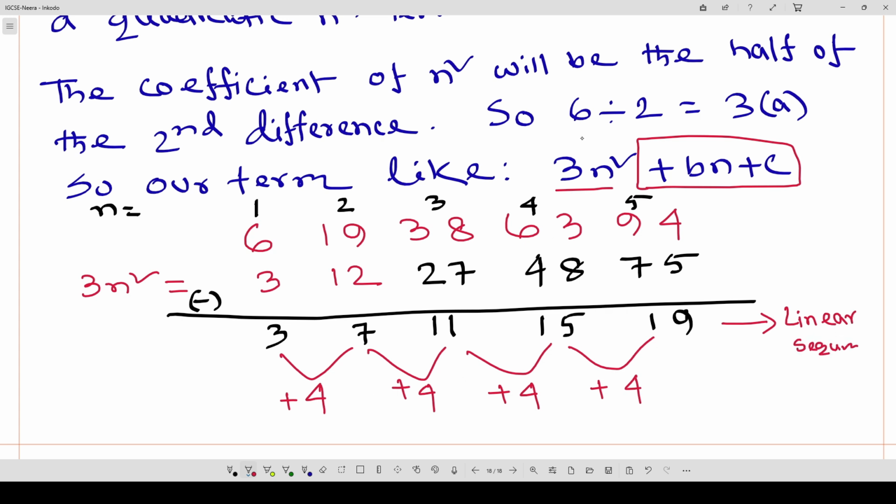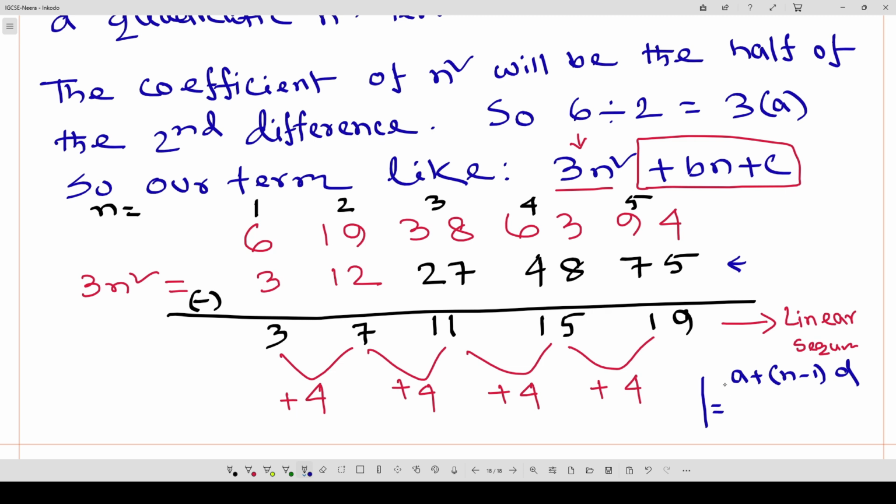We already have 3n squared. Now we have to find out bn plus c, which is a linear sequence. So how can we find out this one? So 3n squared is this one. And this one, look, if we put this value in here, a plus n minus 1 times d is the nth term of a linear sequence.